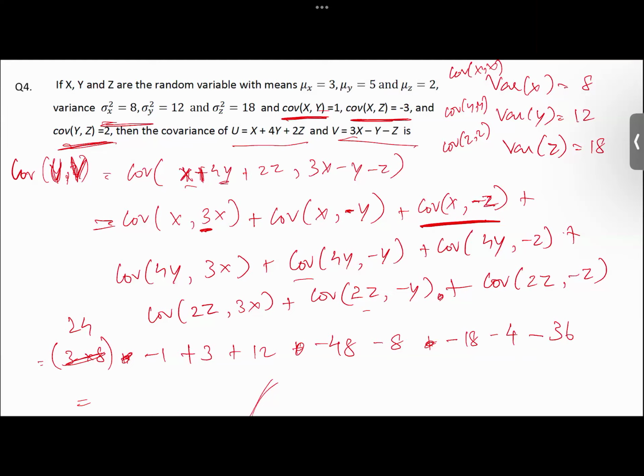Whatever the third term is, you just do covariance of x comma z. It's minus 3. There's already a minus here, so minus 3 into minus, plus 3.